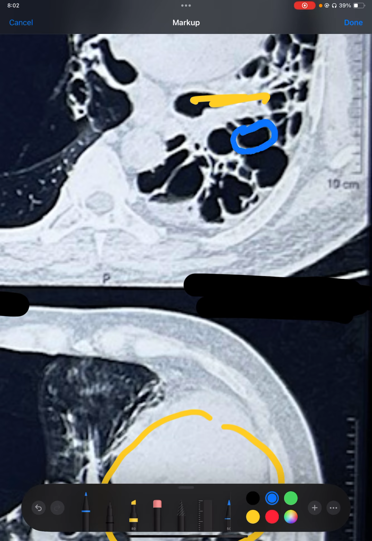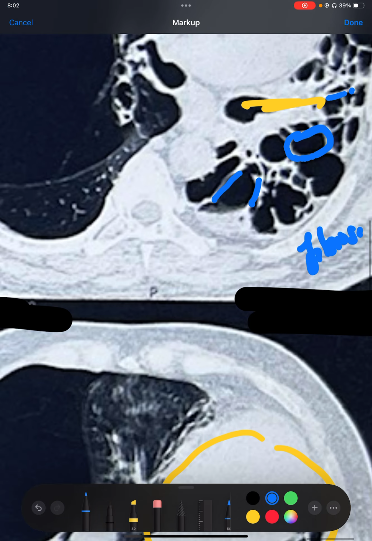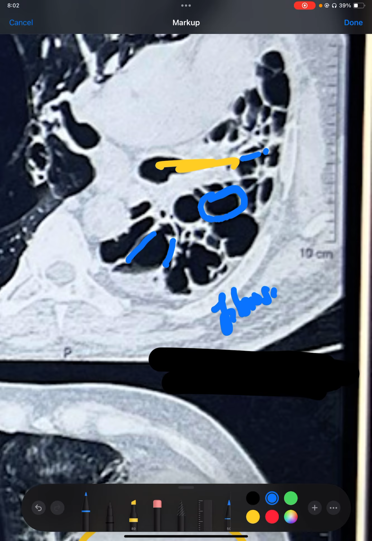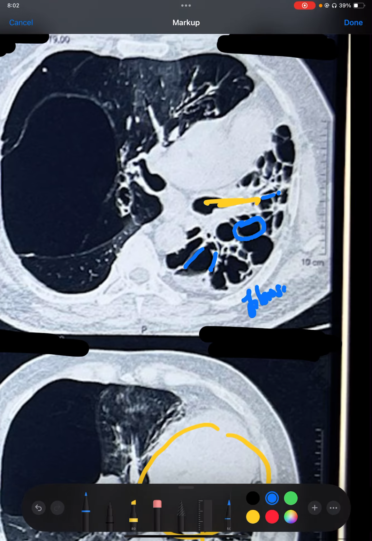And second thing, these dense white lines all suggest fibrosis, because in fibrotic disease or in fibrosis, whatever normal tissue is there is replaced by dense, inelastic, fibrotic tissue, which appears hyperdense, which appears very dense white on CT scan of the chest.